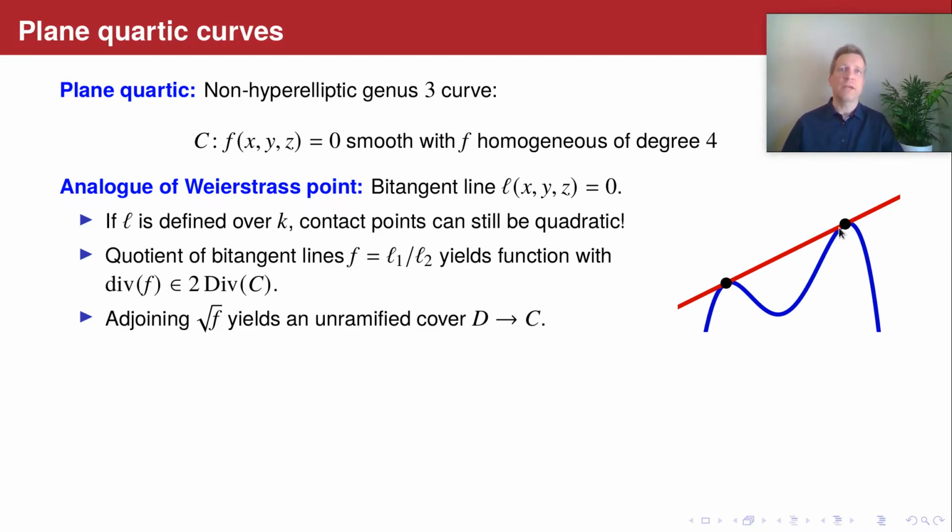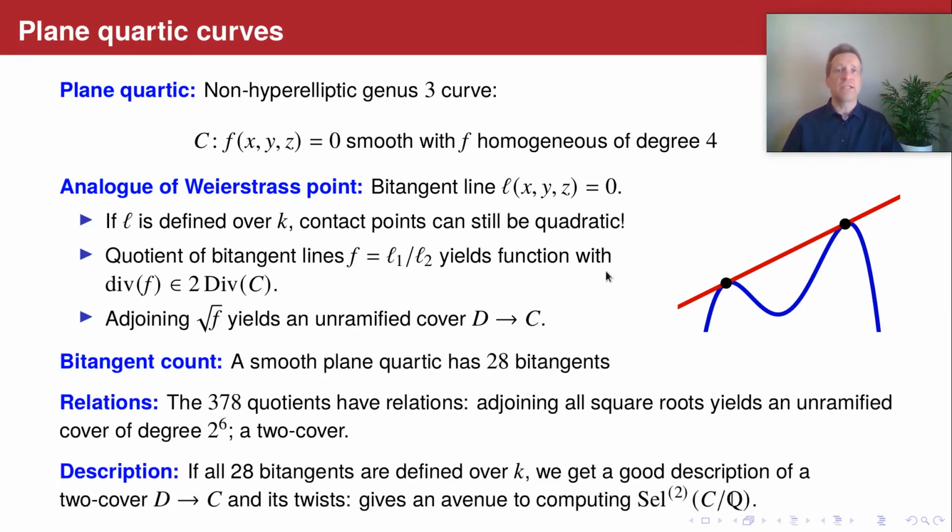The interesting thing is that if we take the linear equations that define 2 bitangents and take their quotient, we get a function on the curve that has poles and zeros of even multiplicities. That means that adjoining its square root gives an unramified cover of our curve C.